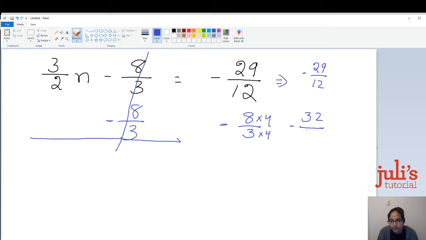Still negative, and this is 12. So now we have 12 on the bottom. 32 plus 29 is 52, and then 9, 61, and it's still negative.